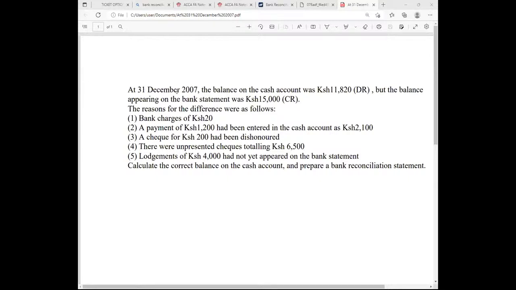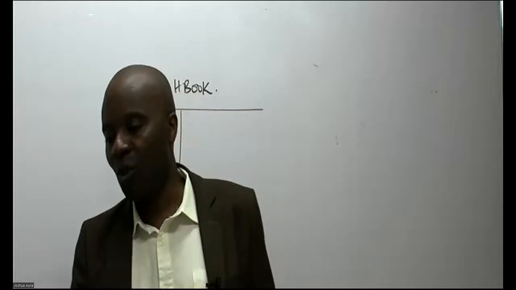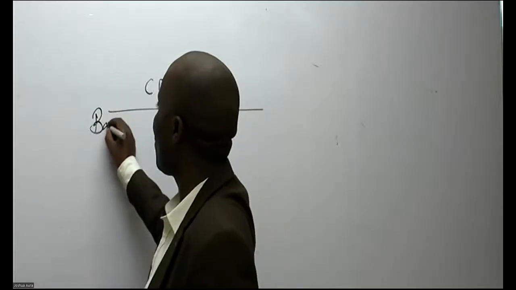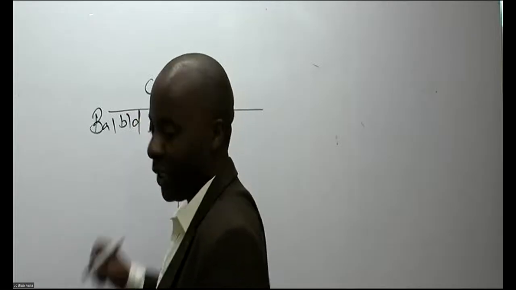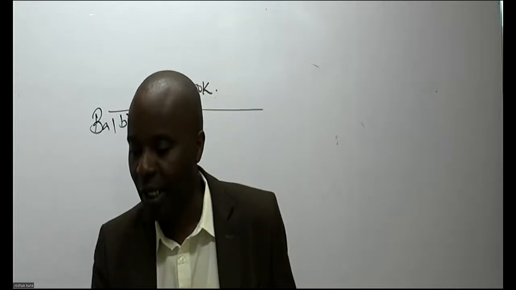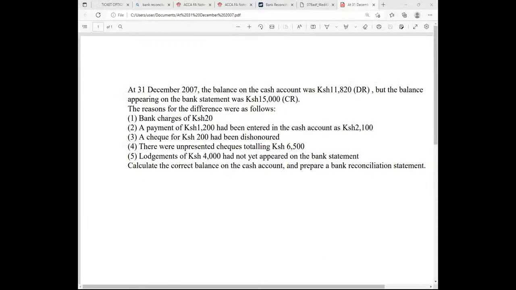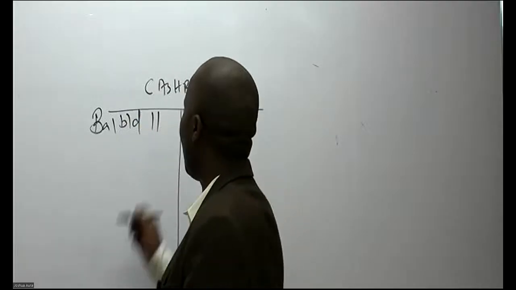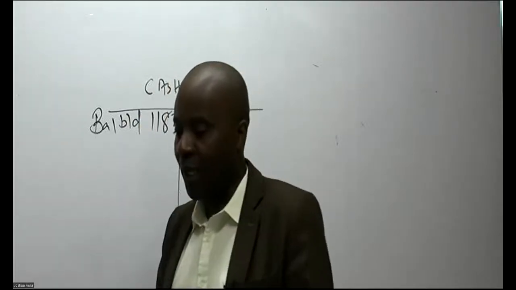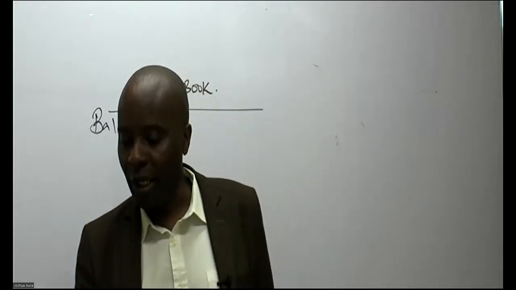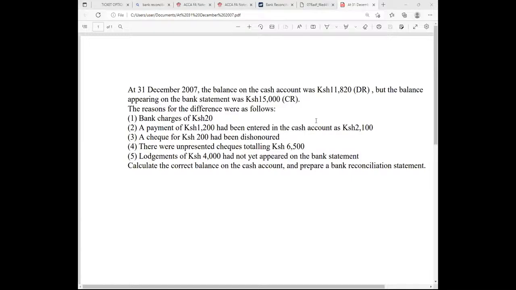As of 31st December 07, the balance on the cash account, the same as the cash book, was 11,820. This is debit, so we have here balance brought down, 11,820. Now, we are told the balance appearing on the bank statement, which will come later, was 15,000.